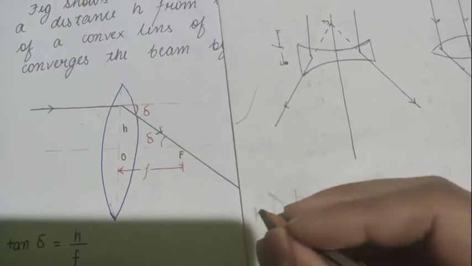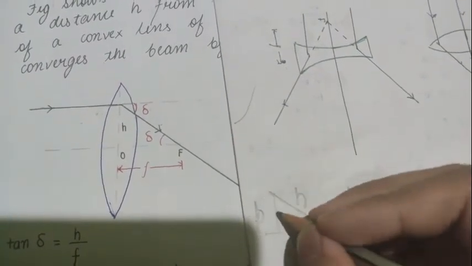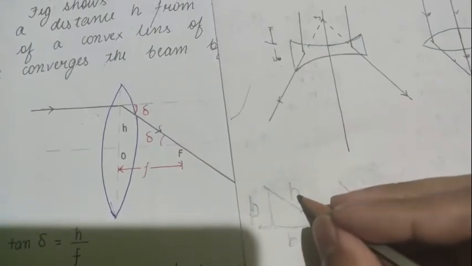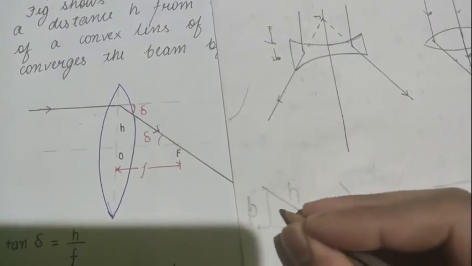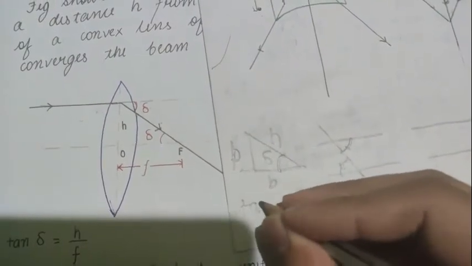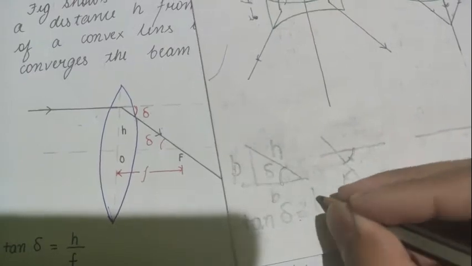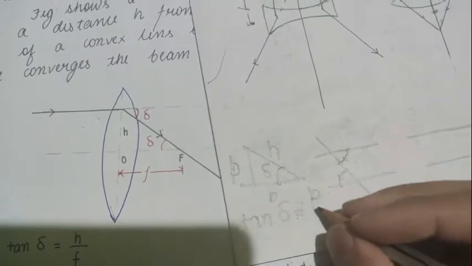So let us use a different symbol: this is my height, altitude, or perpendicular, P. This is my base, B. This is my hypotenuse, H. Clear? Now suppose this angle is delta. Then tan of delta means your opposite side, which is the perpendicular, divided by your adjacent side, which is your base.